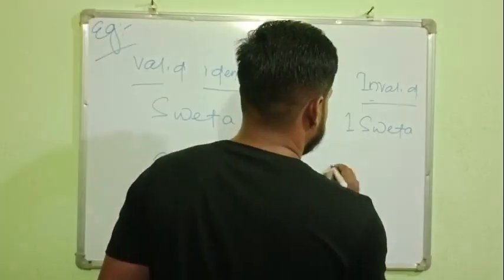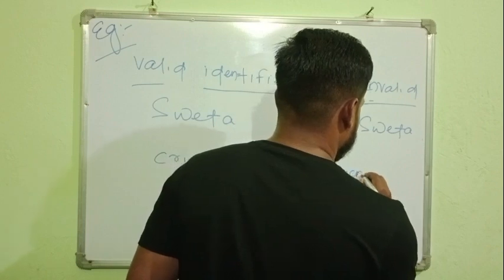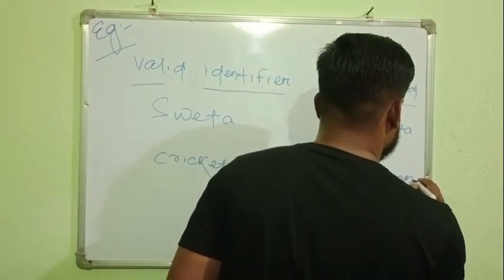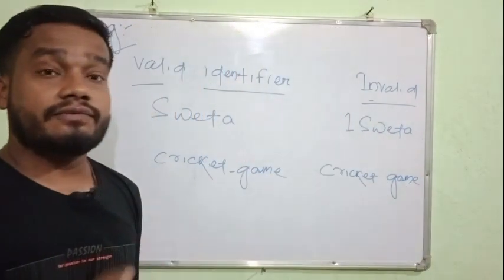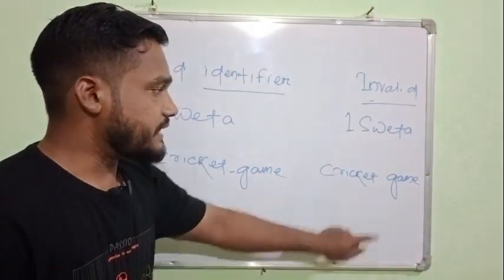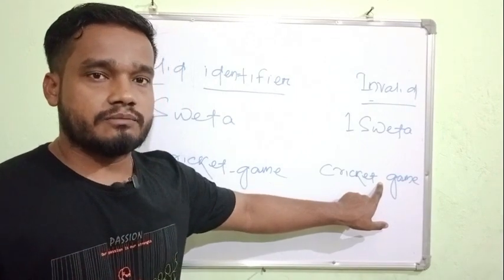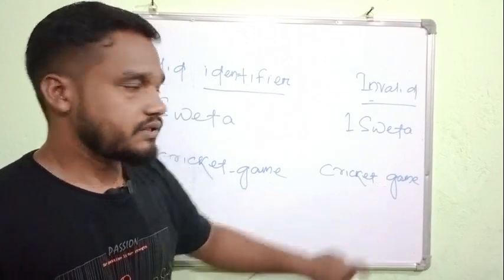If I will write cricket game, then it will be invalid because it contains space here and identifier never support space.